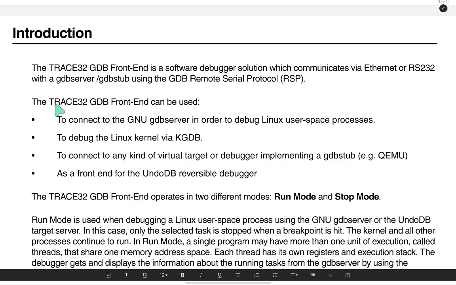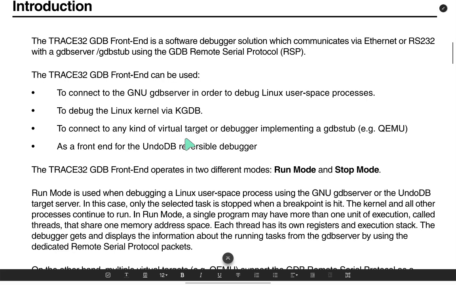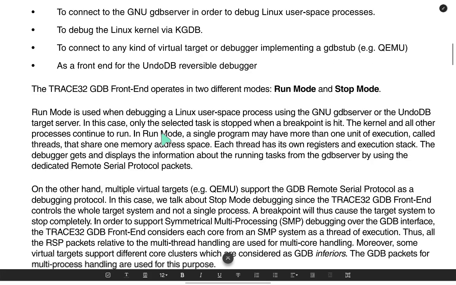The TRACE32 GDB Front-End can be used to connect to a GNU GDB server in order to debug Linux user space processes, to debug the Linux kernel via KGDB, and to connect to any kind of virtual target or debugger implementing a GDB stub, for example QEMU, or UndoDB, a reversible debugger.